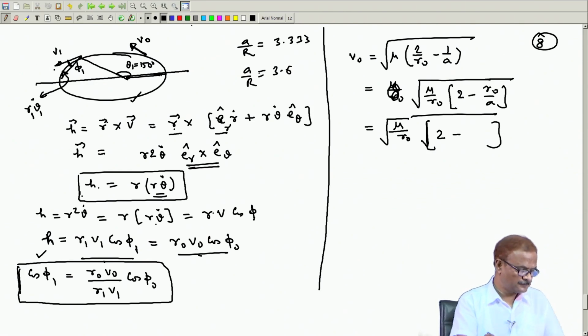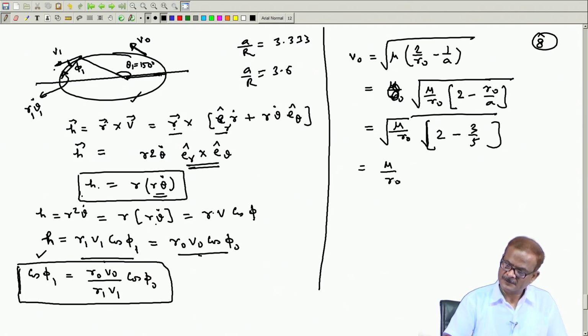We have written r 0 by a as 3 by 5. So this is under root mu by r 0 times 7 by 5.